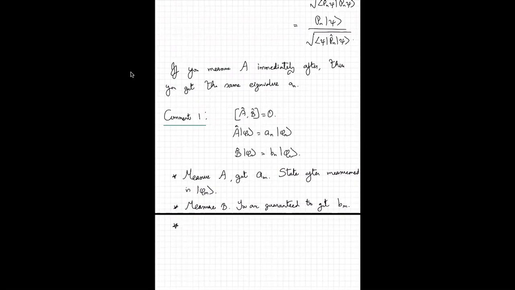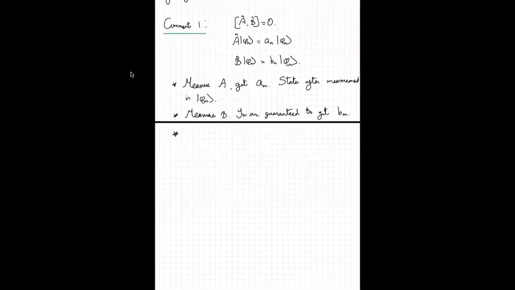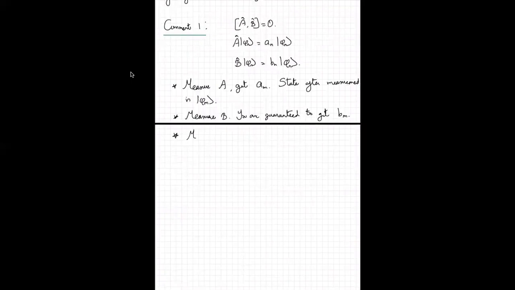Now, if you measure B right back again, you would get the exact same Bm, or immediately afterwards you measure A again, and then you are guaranteed to get Am again. Why?